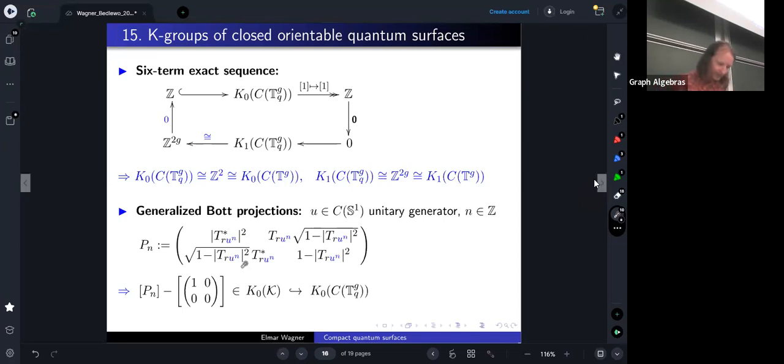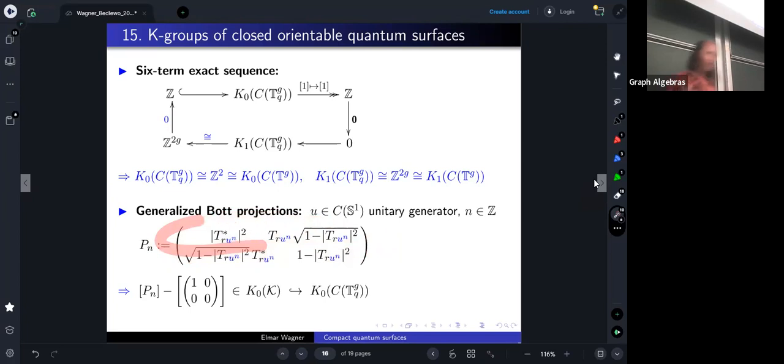So we can take these elements U_n, we can take it as a 1-by-1 matrix, the unitary element. We extend it by multiplying with the radius to the whole disk, take the Toeplitz operator, and then the index map here gives exactly such projections.